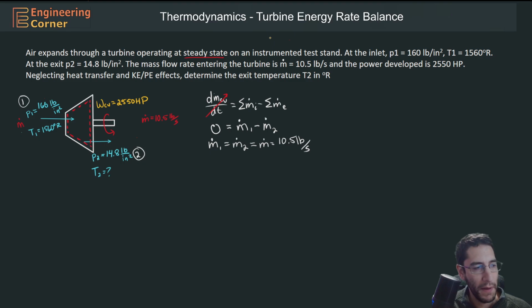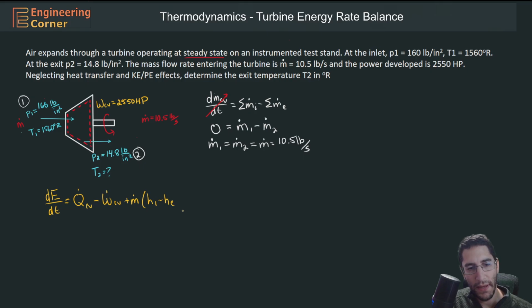So now that I figured out my mass flow rate, I can use my energy equation. My energy equation is dE/dt, and I'm going to write out the mostly full form. I am going to make a simplification right off the bat for a single inlet, single outlet control volume. So this is going to be equal to the heat transfer of the control volume minus the work of the control volume plus the mass flow rate times the enthalpy of my inlet minus the enthalpy of my outlet.